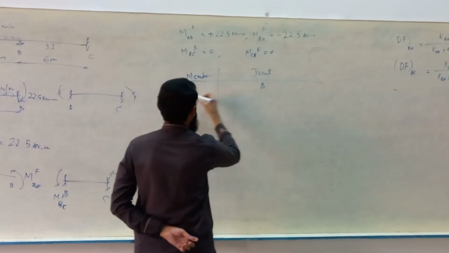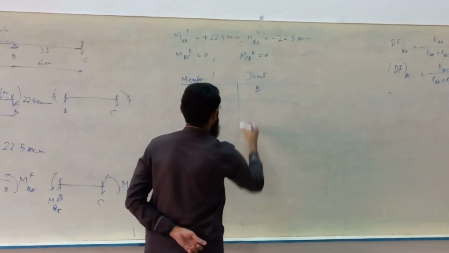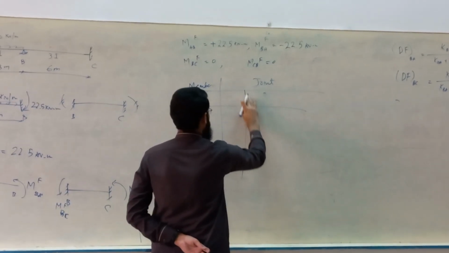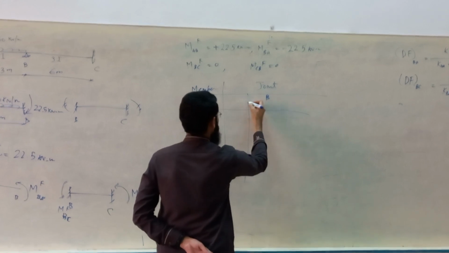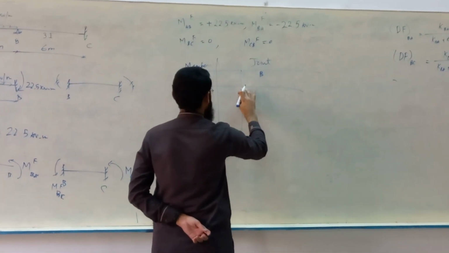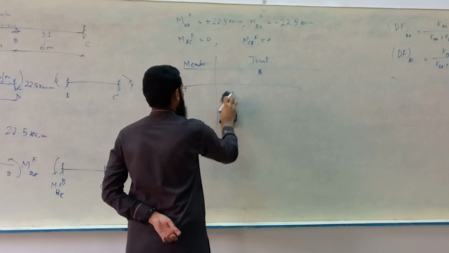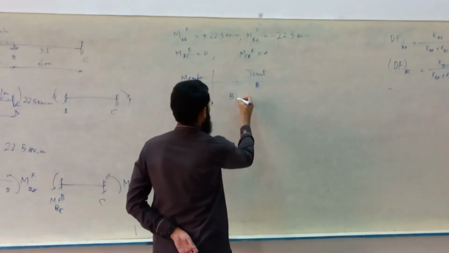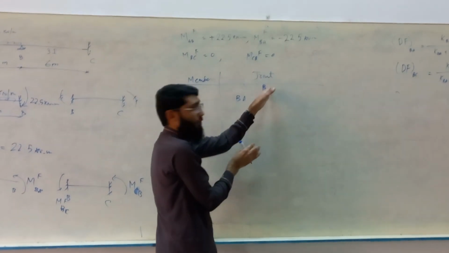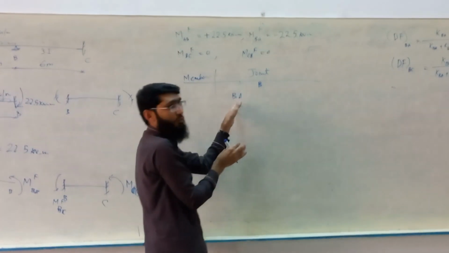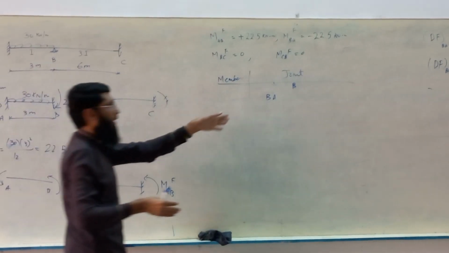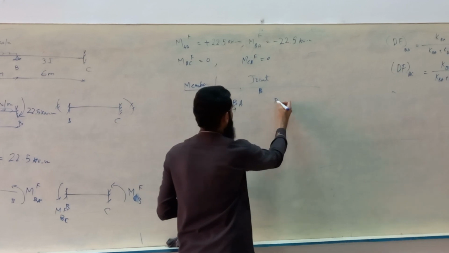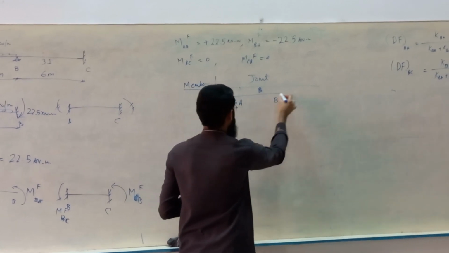Got B joint, and under B we got 2 members connected. Maybe I could write it down like that. This is B, and under B we got 2 members. Let me do it again. This is the best way to show it: show the B joint, and on the left side is BA, so you show the BA on the left. Okay, this helps make things easy to understand. BA and BC.